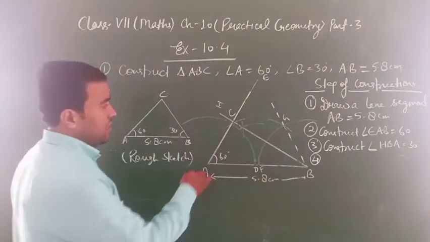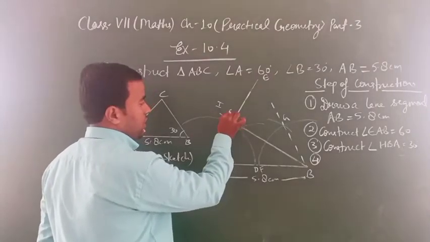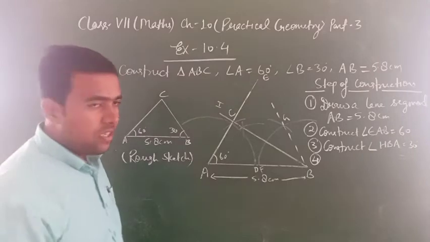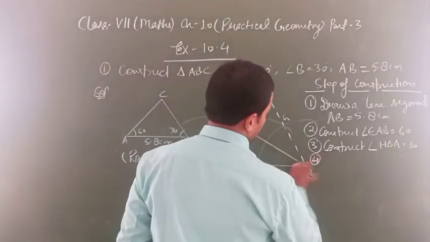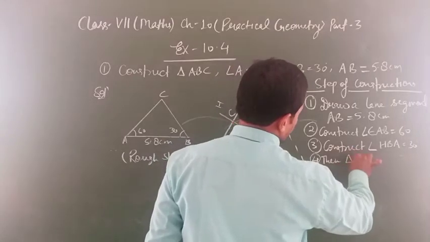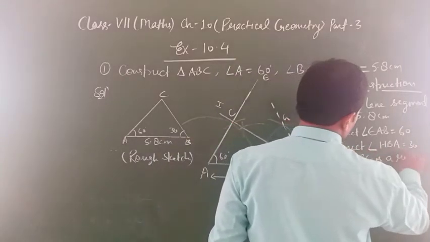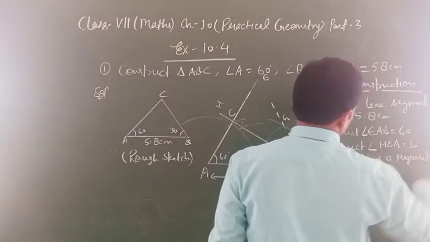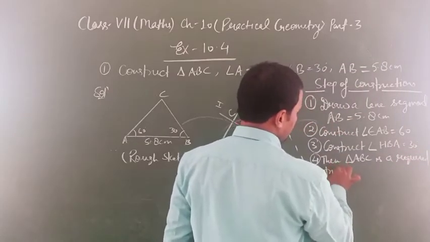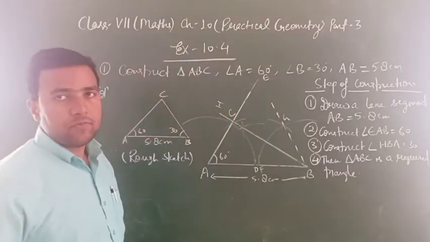You will see it is an intersecting point. Clear? This point name we have taken C. Clear? So then triangle ABC is the required triangle. Okay?